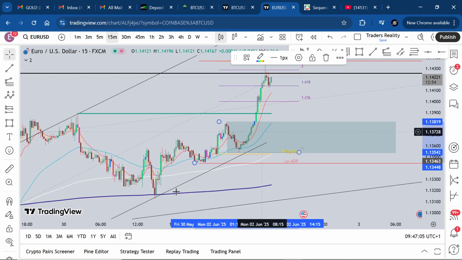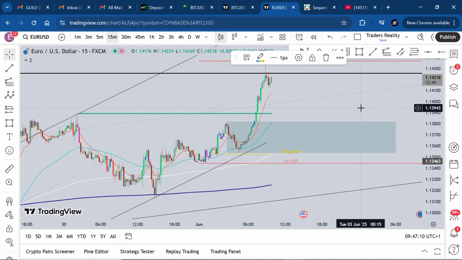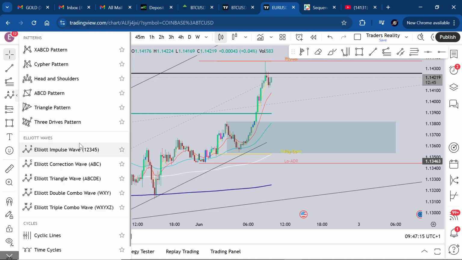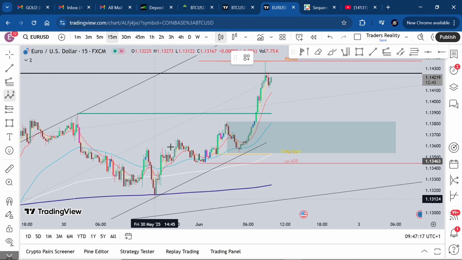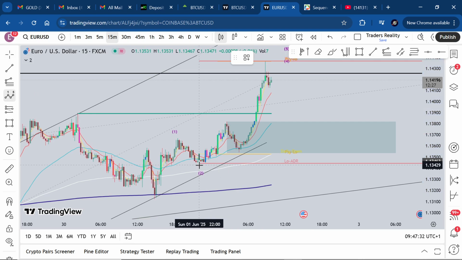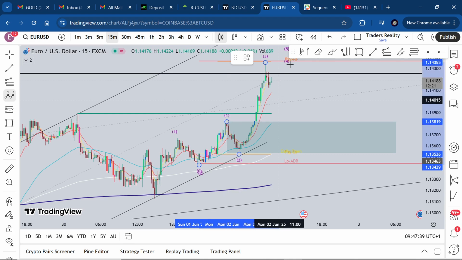So currently, if this is going to be my 1, 2, 1, 2, 3, I'm going to put in the count. So that's the big 1, 2, and we'll put the rest over there. Then I'll go and do the internal. So this would be my 1 of 3, 2 of 3, 3 of 3, looking for 4 of 3, then 5.